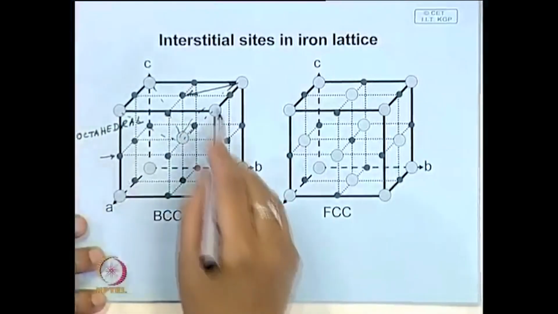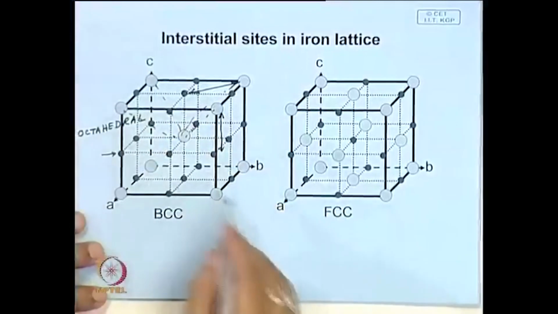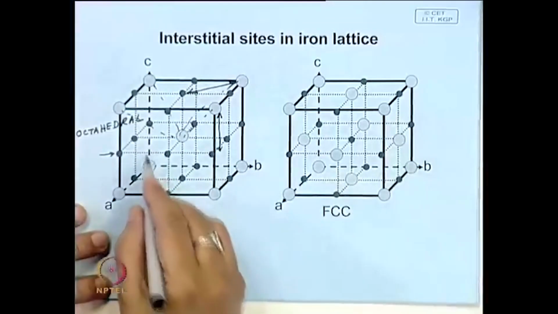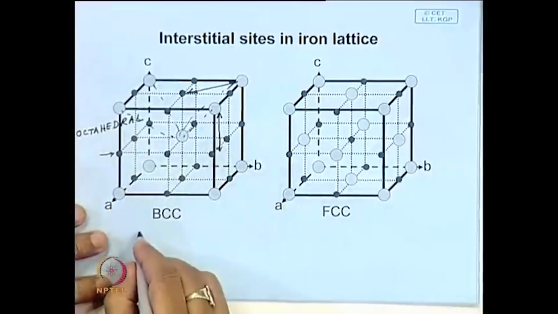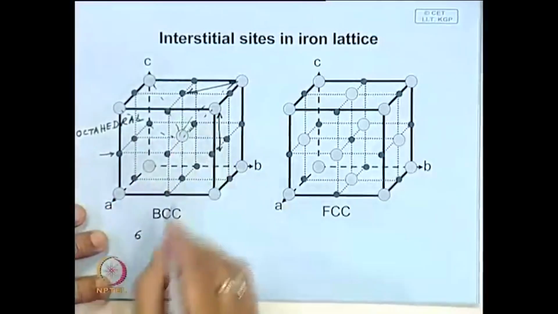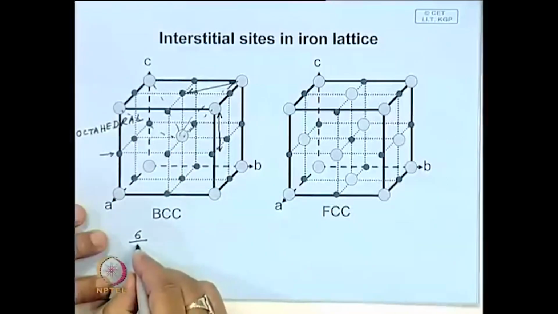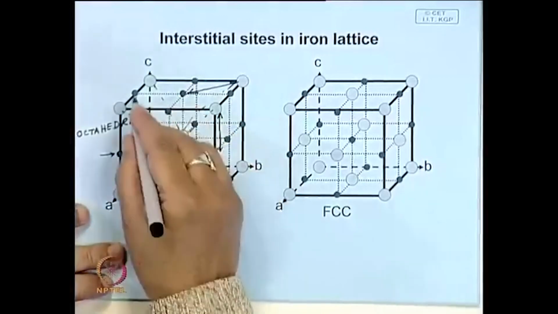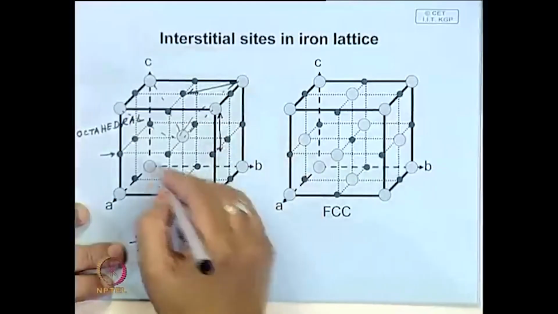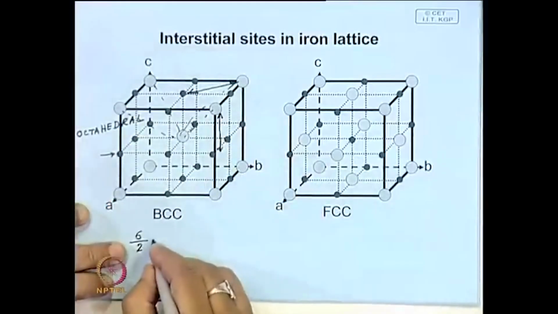And here if you count the number of sites, you will find that you have 6 faces. Each face is shared by 2 unit cells, so the contribution of the face centers is 6/2.